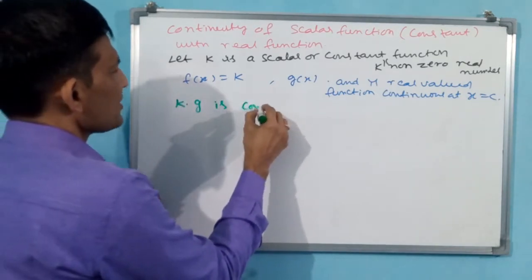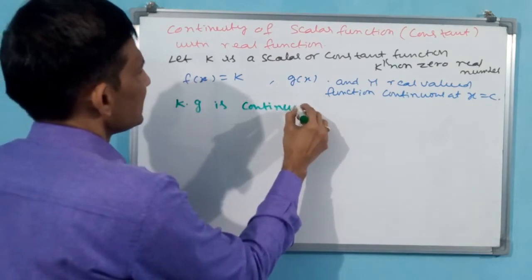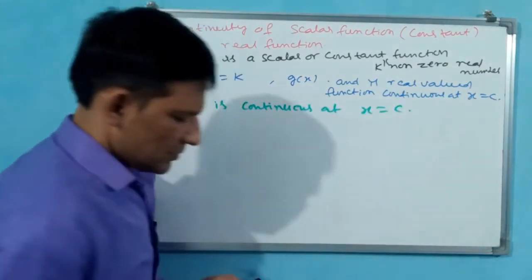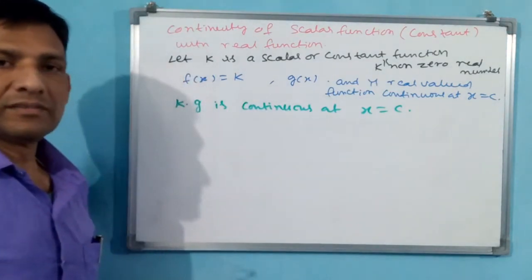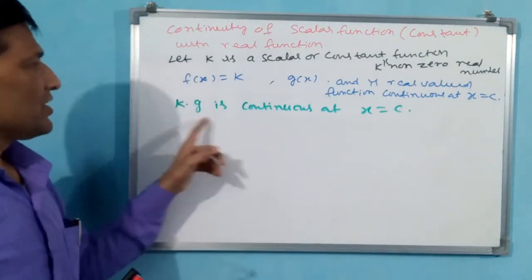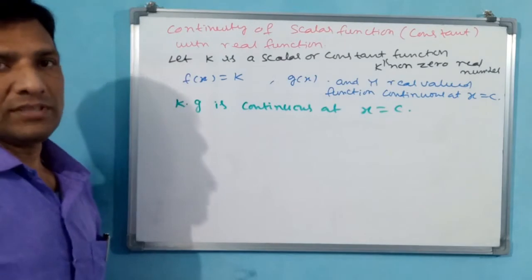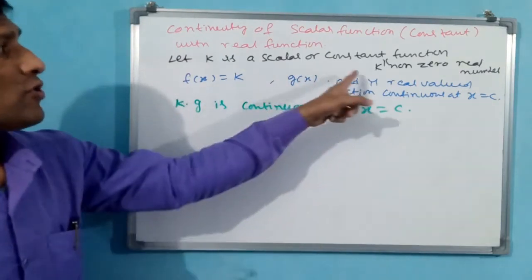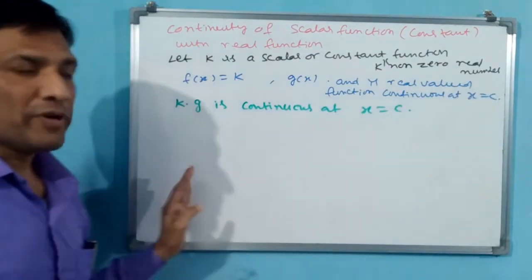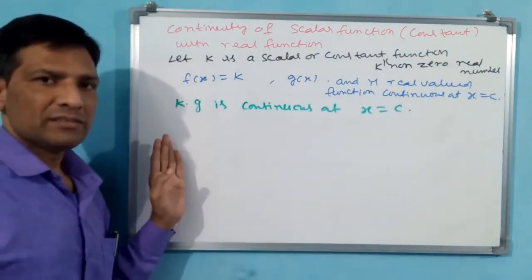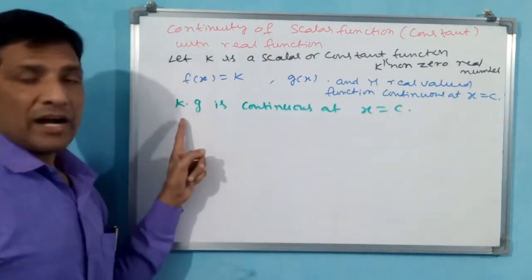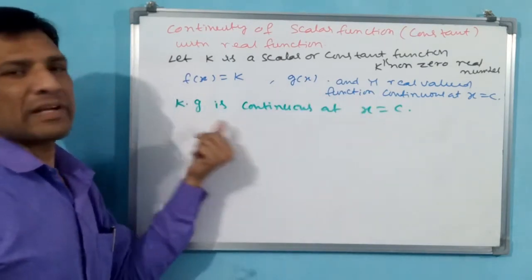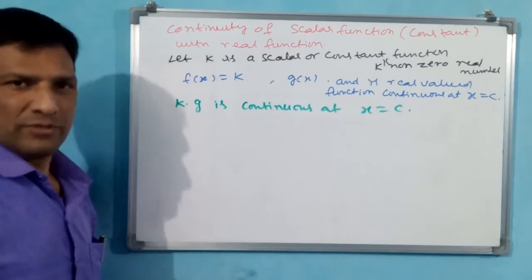kg is continuous at x is equal to c. You understand now? K is a non-zero real number, keep that in mind. K is a constant function or scalar function, and k is a non-zero real number. If k is 0, automatically this is going to become 0. There is no use.